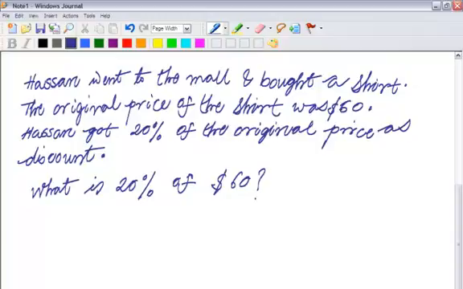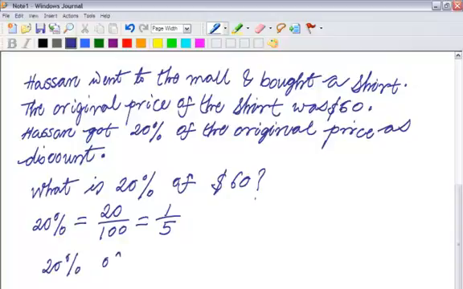Well, it means basically we know 20% means the same as 20 over 100, which is the same as 1/5, right? So 20% of $60 is basically then 1/5 of $60, right?